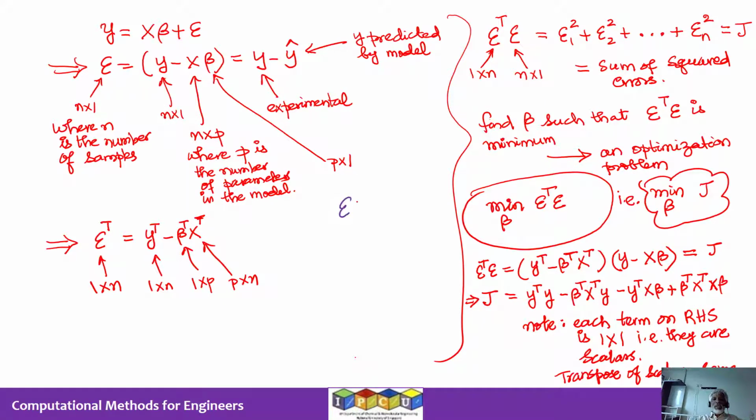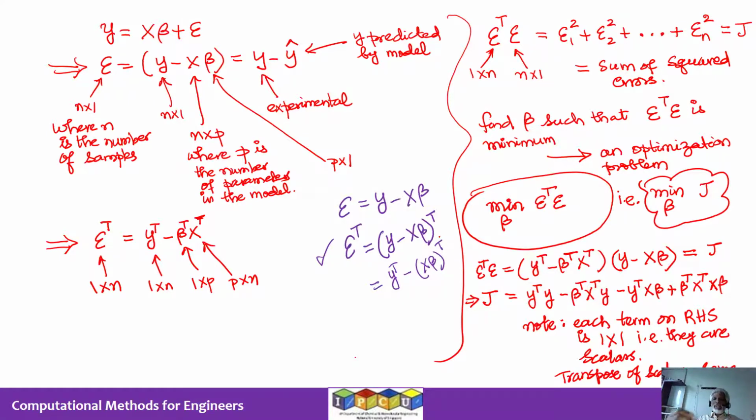If epsilon is y minus x beta, epsilon transpose will be (y minus x beta) transpose, right? So I'm transposing the left hand side and the right hand side. Now, if you expand the right hand side, you're going to get y transpose from the first term minus (x beta) transpose.